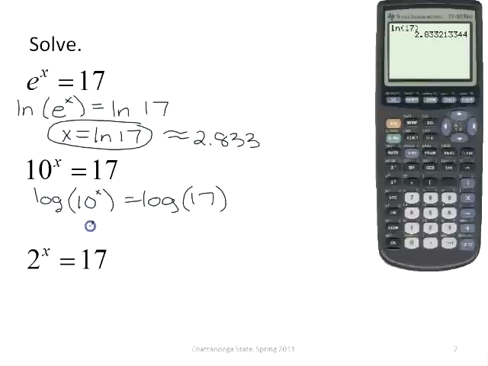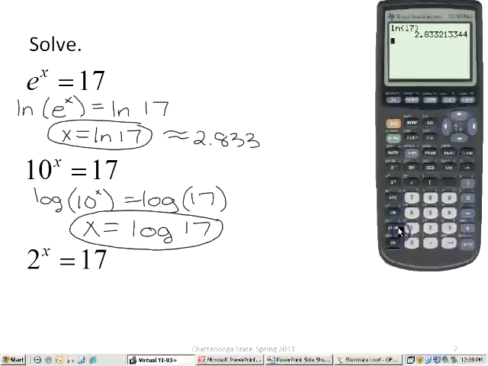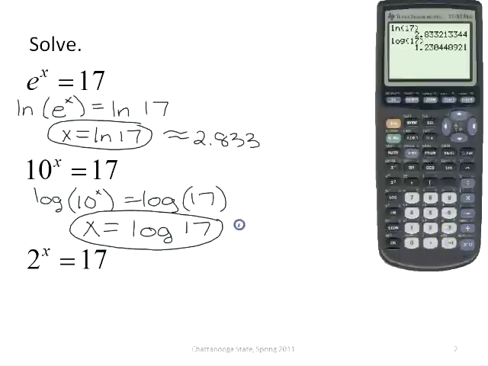Now the log base 10 of 10 to the x power is x. So here x is equal to the log of 17. Again, if I wanted an approximation for that, I could stick it in my calculator to see that that is approximately 1.230, rounding to 3 decimal places.